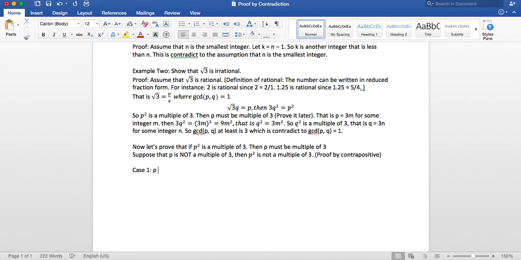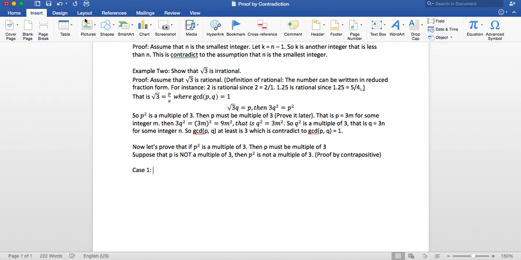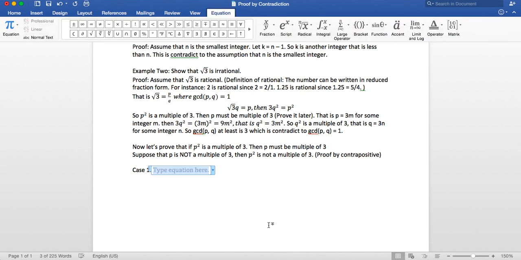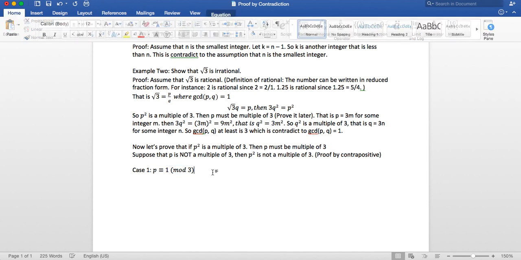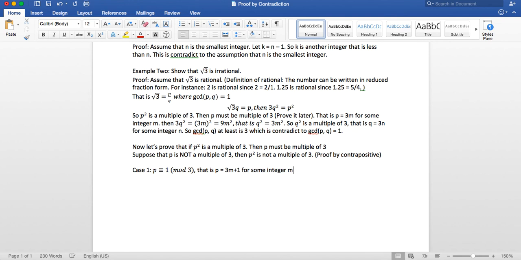p equals 1 mod 3. That means p divided by 3, remainder is 1. That is, p equals 3m plus 1 for some integer m, because p divided by 3, remainder is 1.